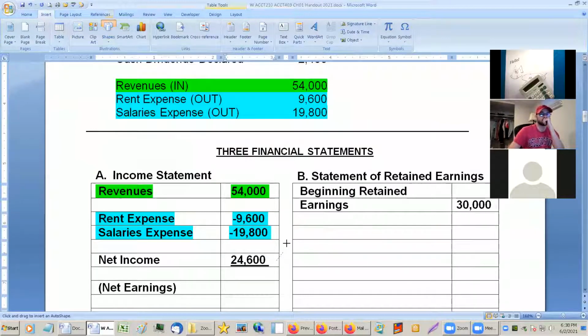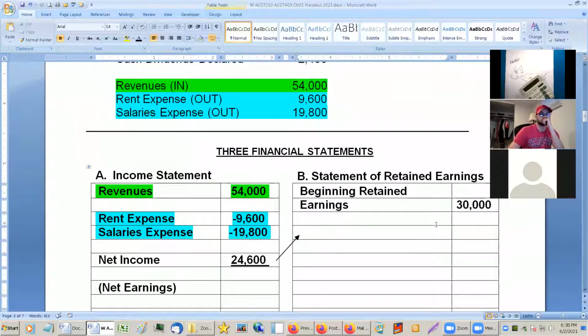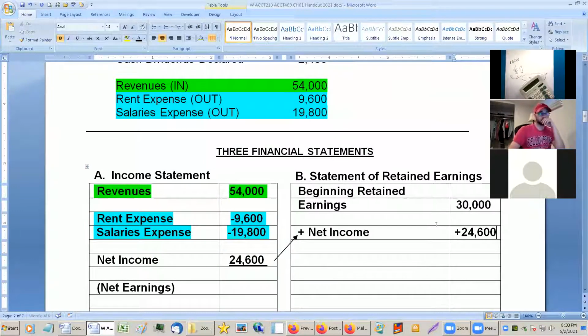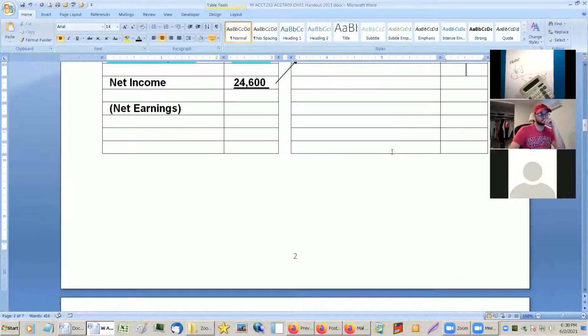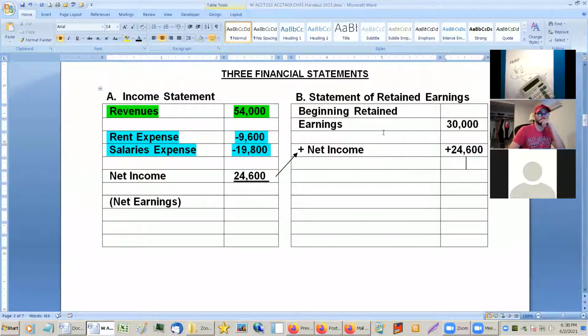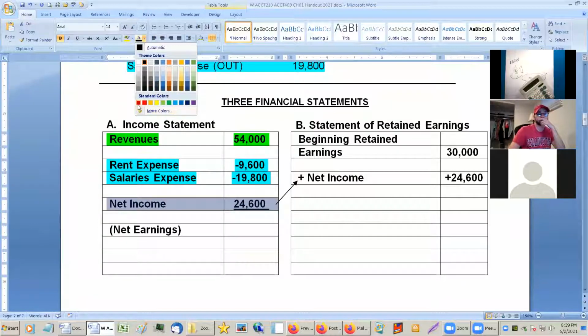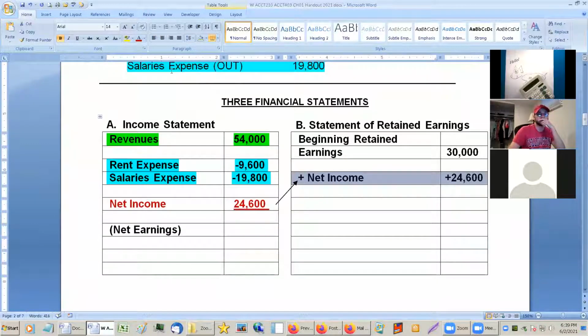So what we're going to do is take this number and add it. So this net income is the same as that net income.